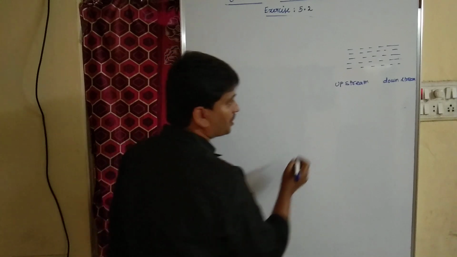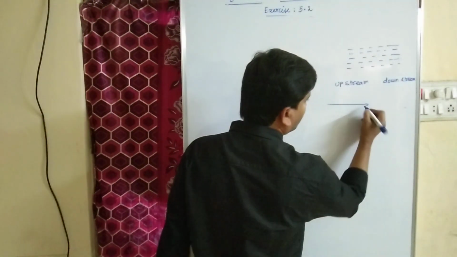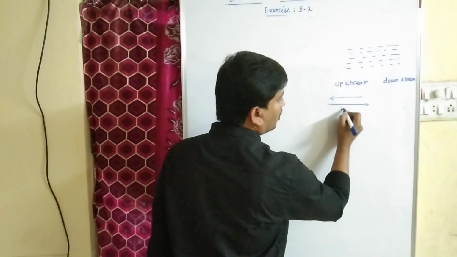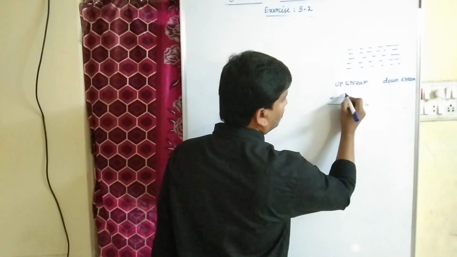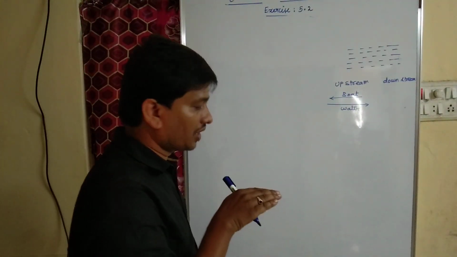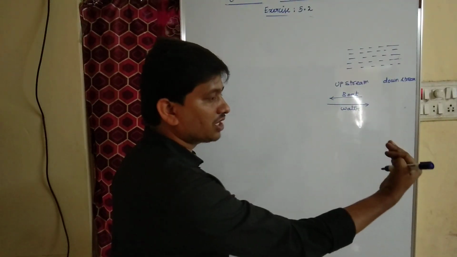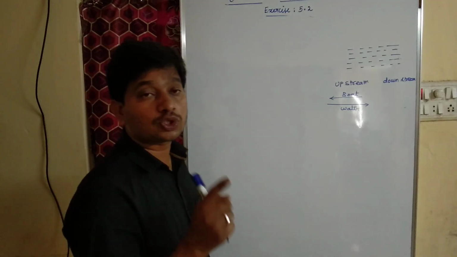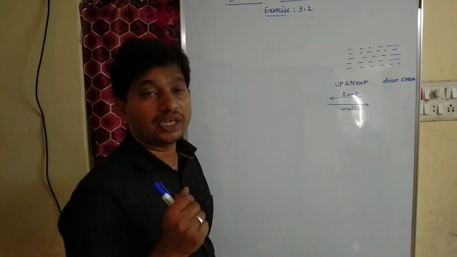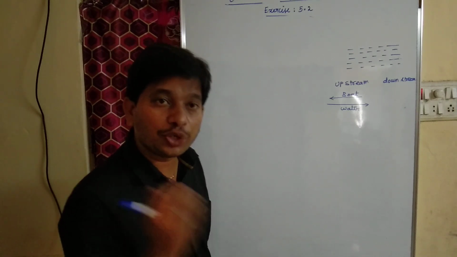Suppose upstream means water is flowing in this direction and the boat is moving in this direction. This is the water direction, this is our boat direction. Water is moving in this direction whereas the boat is moving from that direction. That is called upstream. So in upstream, speed will be reduced.